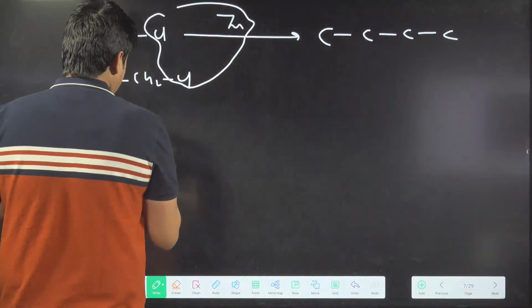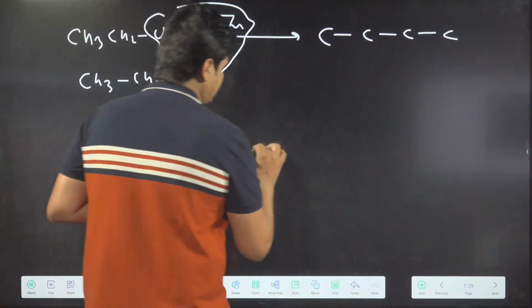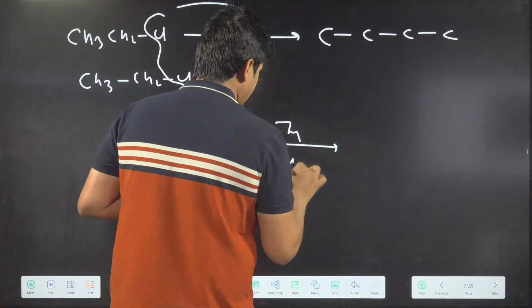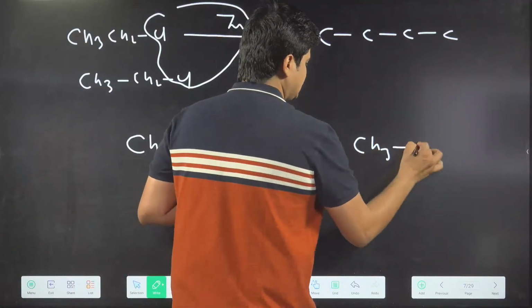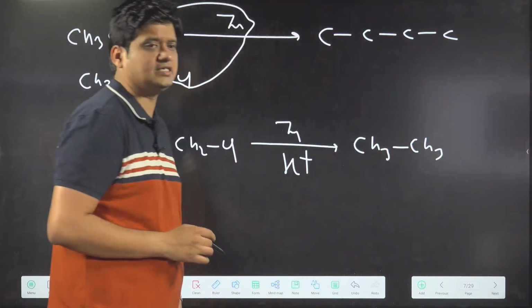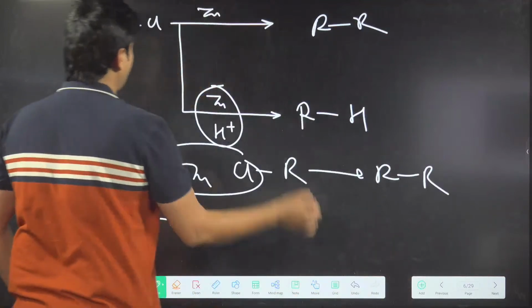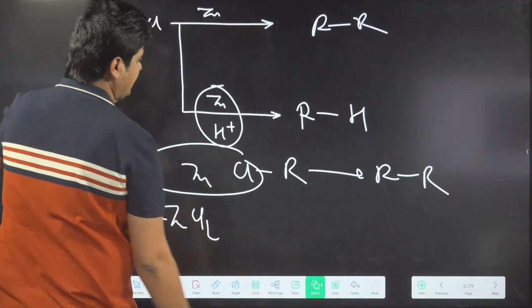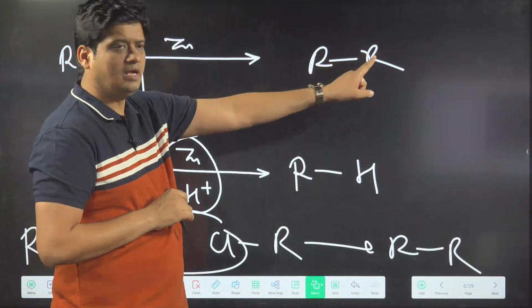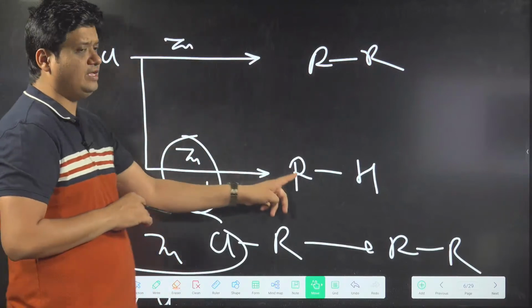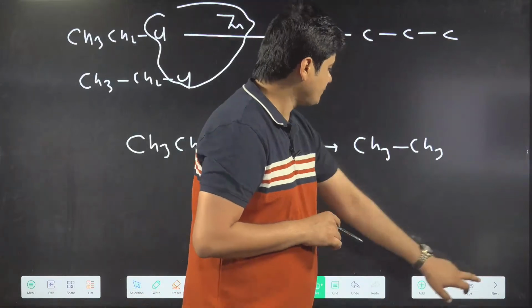But if you treat same molecule, let's say this same molecule I am writing there, CH3CH2Cl, treated with zinc in the presence of H+, what will happen? This is going to give CH3CH3. Means simple thing is that what I said, if you are taking RCl with zinc, it is giving R-R. But RCl with zinc H+ giving RH. Okay, clear? Next.